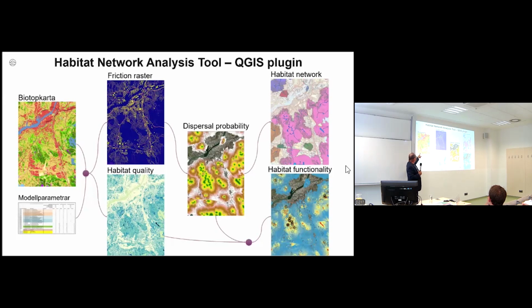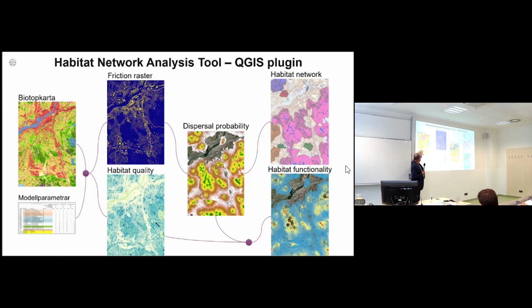The input for this analysis is a land cover map, not maybe the original land cover map, but a land cover map that has been managed so that you have added things that are very important for the species that we want to model. It could be that you need to add old trees or ponds that are smaller in scale than the actual resolution of the national or European land cover. But that can be done.